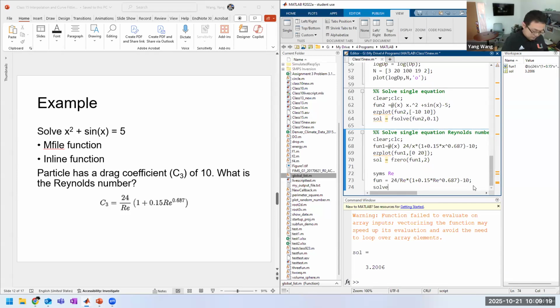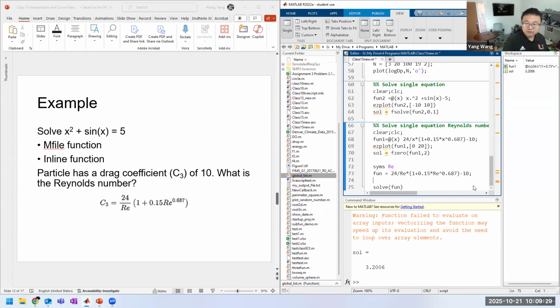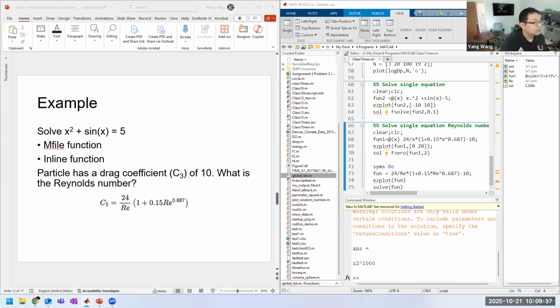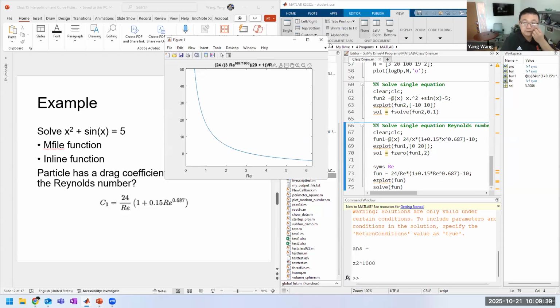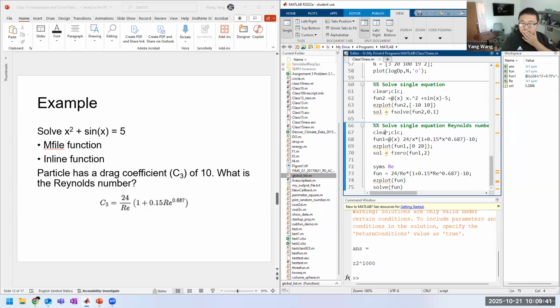Right. So then for the symbolic mathematics, you can directly use solve fun. If you want, you can also do ezplot of fun, right? It's the same thing. If you run it, this is the solution.